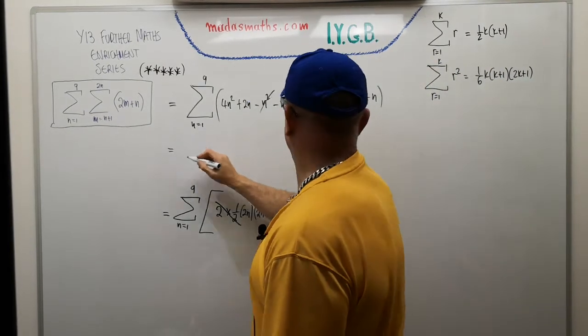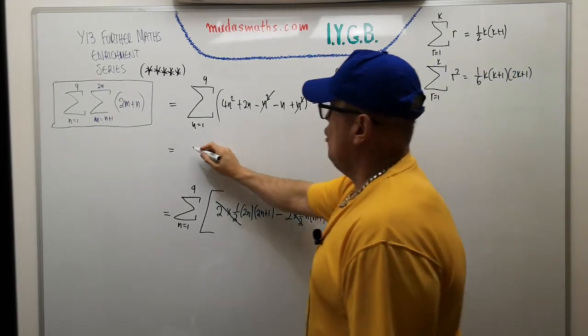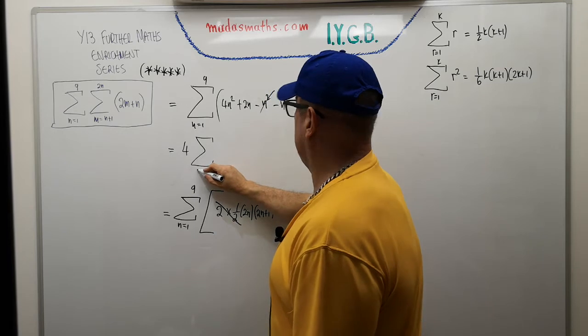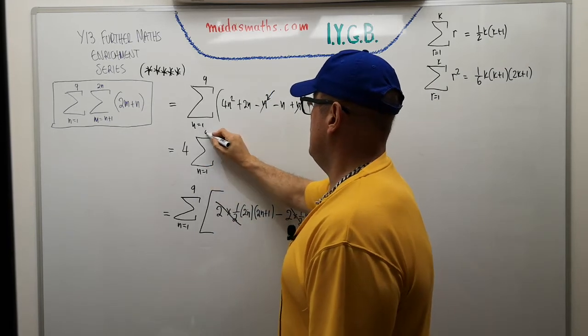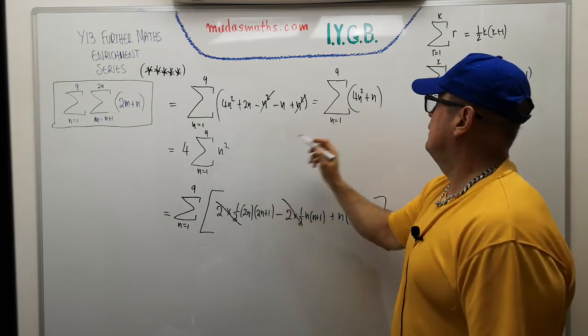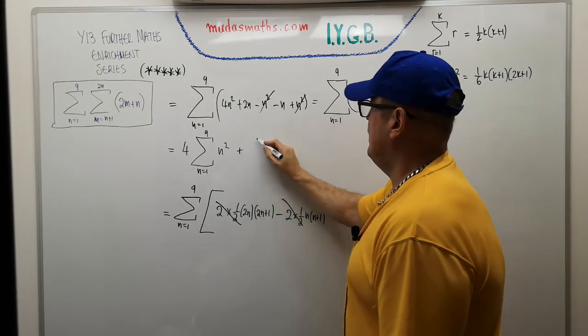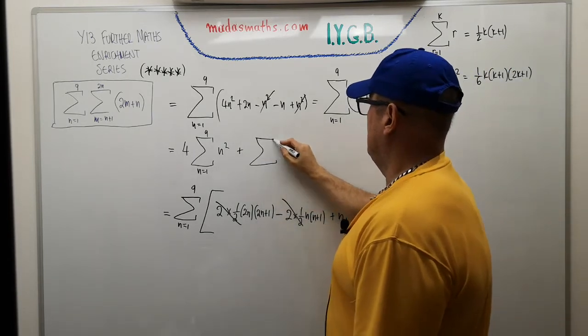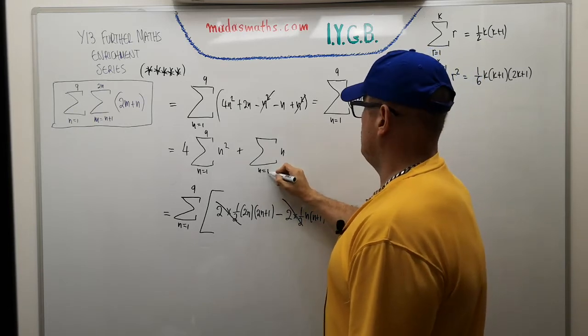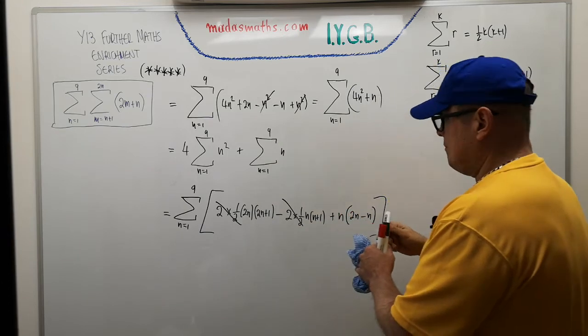Again, split into 2 sums, so 4 sigma from n is equal to 1 to 9 of n squared, so that's the split, plus another sigma, this is the n item, n is equal to 1 to 9.